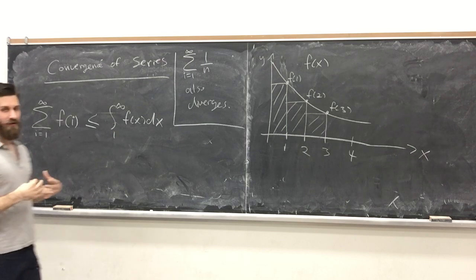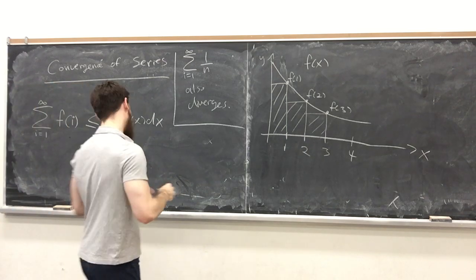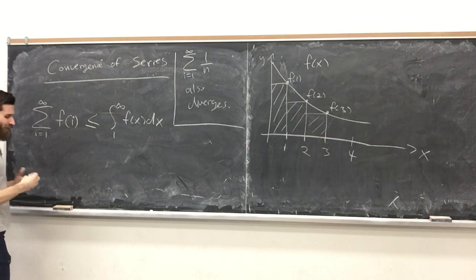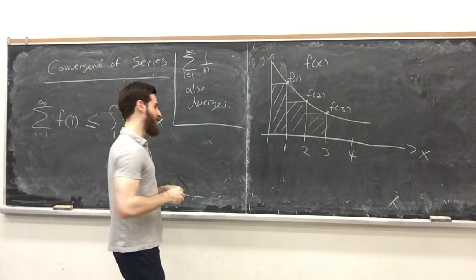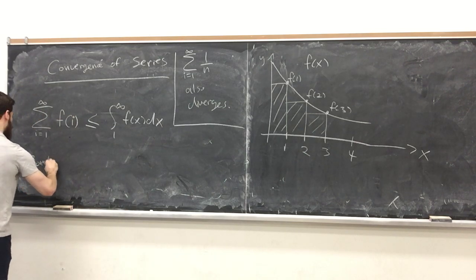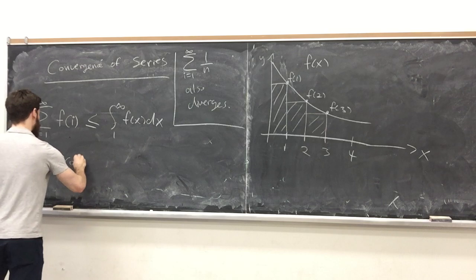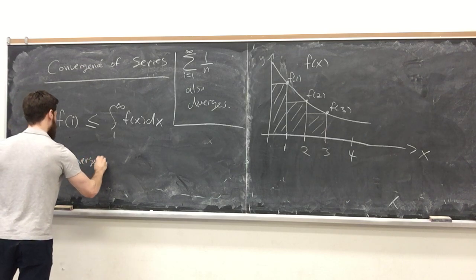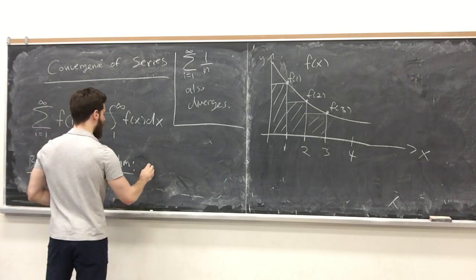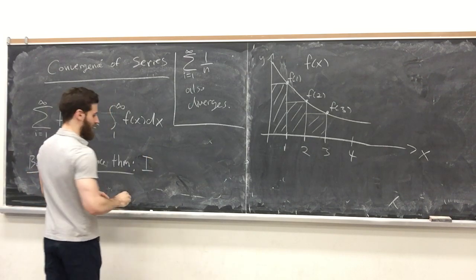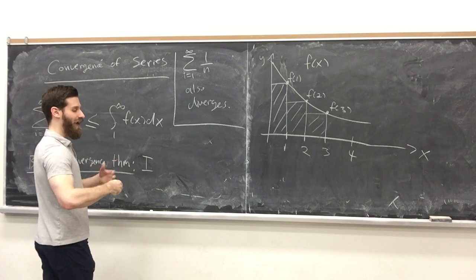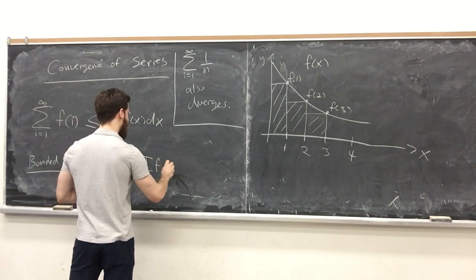Okay, so what does this tell us? Let me just remind you of a theorem from chapter 9.1. It's called the bounded convergence theorem. If you have a sequence of numbers which are monotone and bounded, then the limit exists.